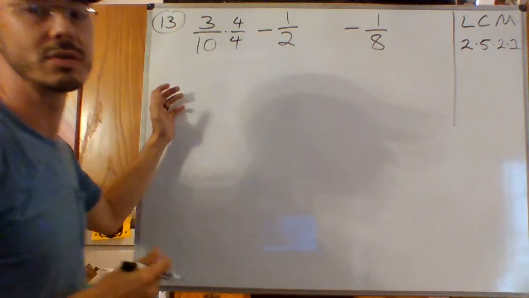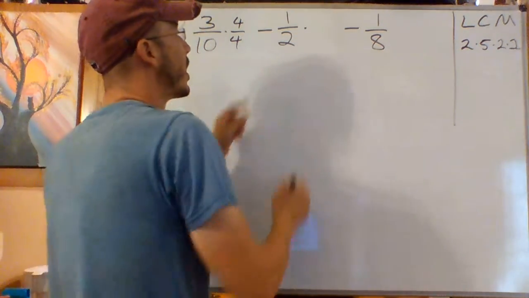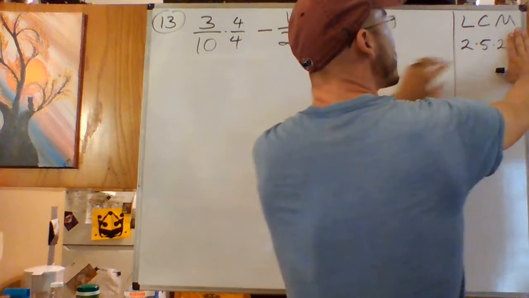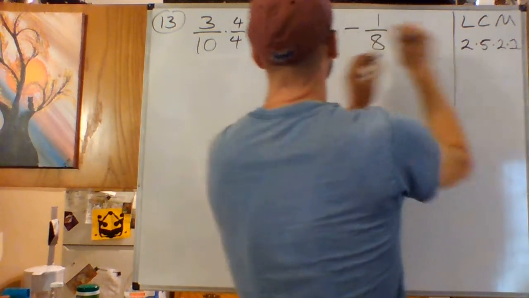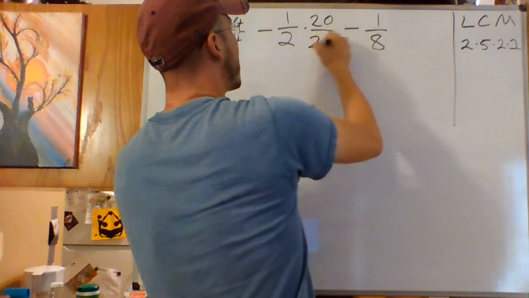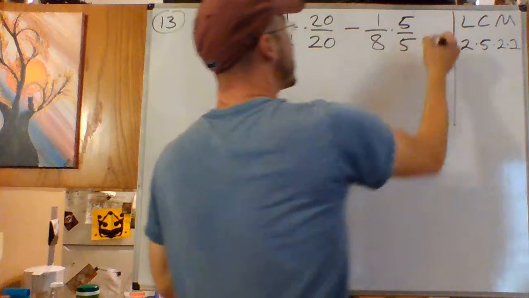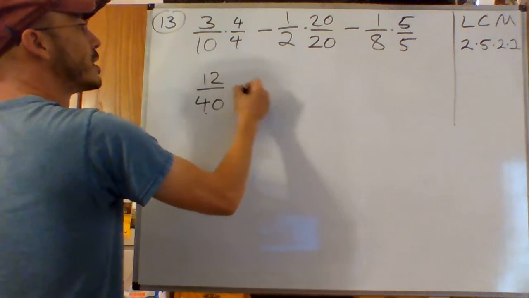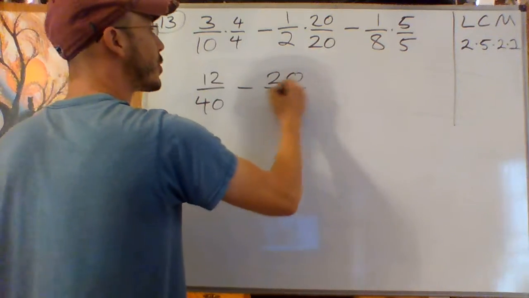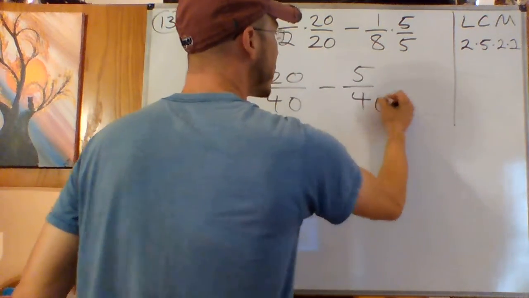You could call it 2 times 2 over 2 times 2, but that's a little less writing. With this, I've got a factor of 2, but I need a factor of 20. And here I'm missing only the factor of 5, so there's 5 over 5. This one gives me 12 over 40, this one gives me 20 over 40, and this one gives me 5 over 40.